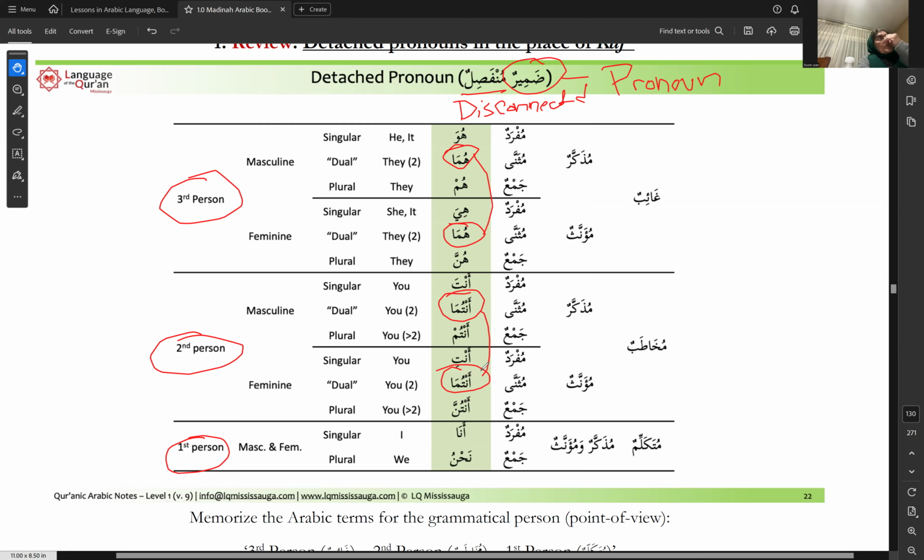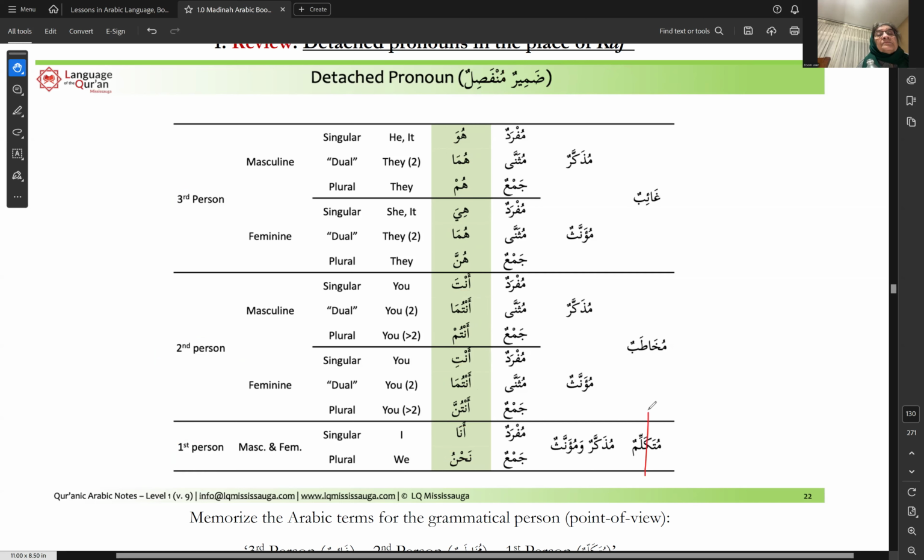Antuma, again, same thing, just repeated for the rhyme. You, both of you, dual. Antunna, you, plural, so all of you, speaking specifically to women. Ana, I am, or I. Nahnu, we. These do not have a gender. So this was just a quick review.